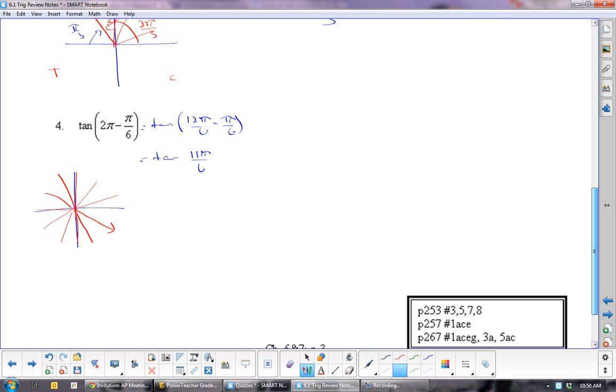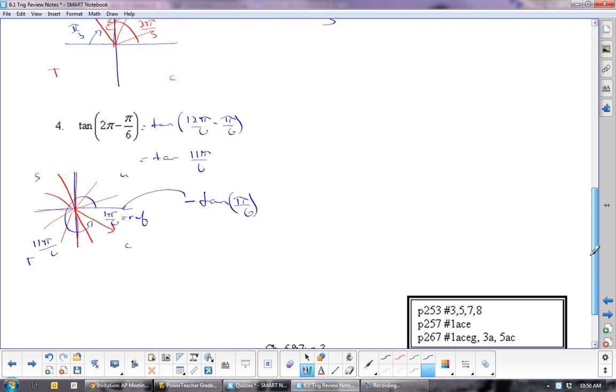So I am right here. That's my 11 pi over 6. So the reference is 1 pi over 6. Put my cast rule. So in that quadrant, tan is negative. So negative tan pi over 6.